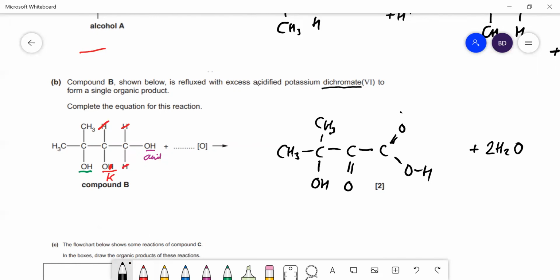Then I need to see how many oxygens I've got. Well, on the left, I've got 3 oxygens. And on the right, I've got 1, 2, 3, 4, 5, 6 oxygens. So that means you gain 3 oxygens, so I need to put a 3 there to balance it. So that's it. So it's 3O in the square brackets, and you get 2 waters as well. And you get a ketone and a carboxylic acid.